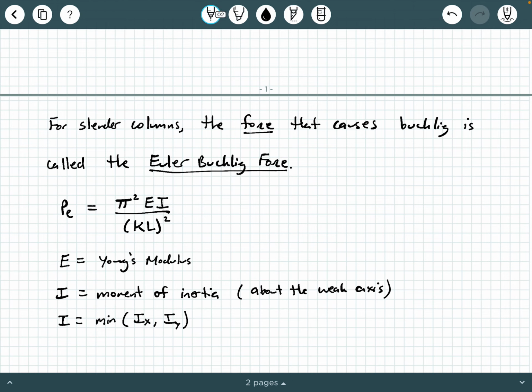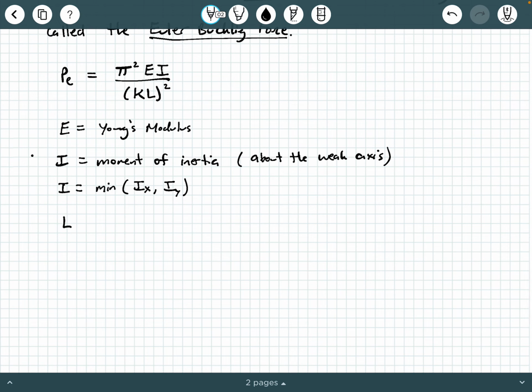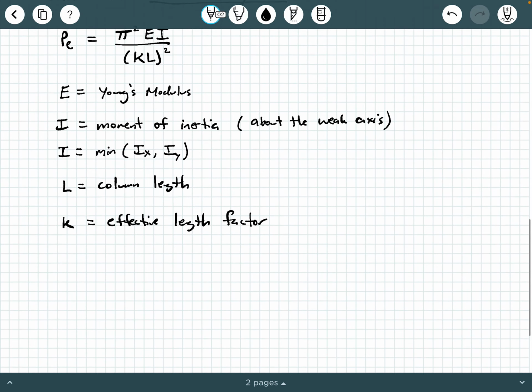Now, what are these other terms here? Well, L is simply the column length. And K is called the effective length factor. So let me ask this question. What in the world is this thing called K, the effective length factor? And furthermore, what is K times L?